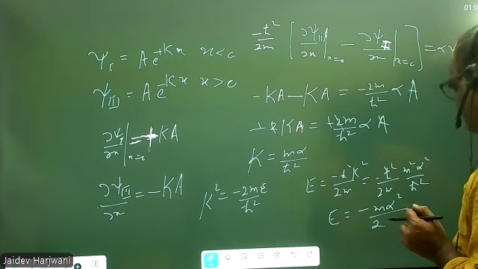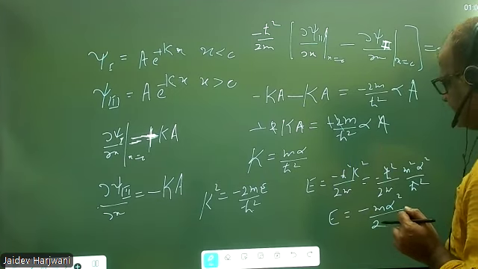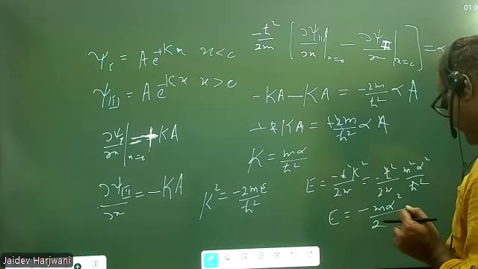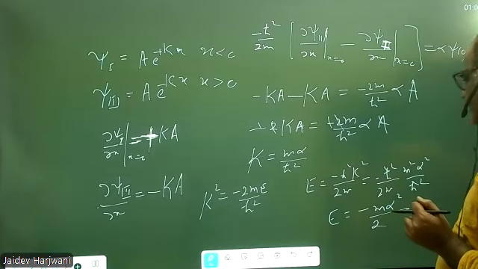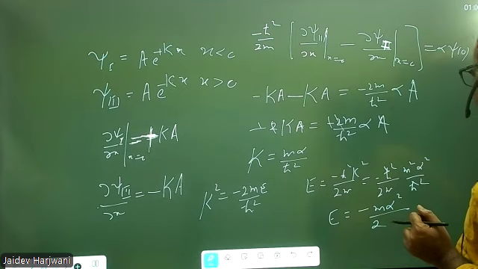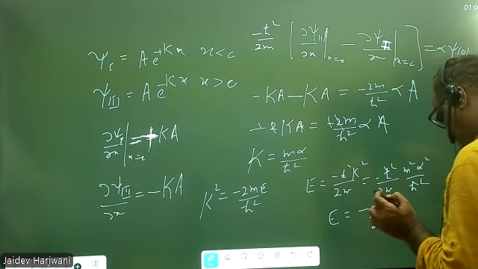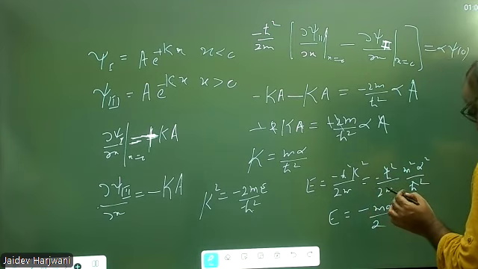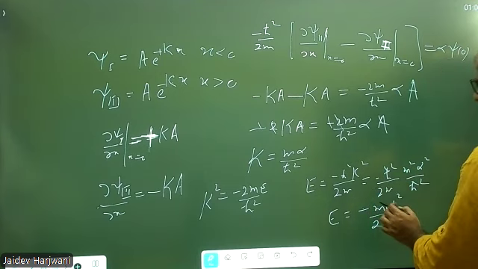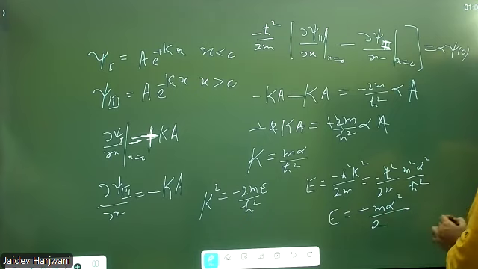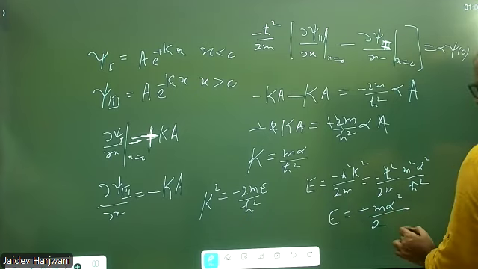So E will be what? E will be minus h cut square kappa square upon 2m. So E value will be here minus m alpha square upon 2 h cut square. This become h cut 4, correct?